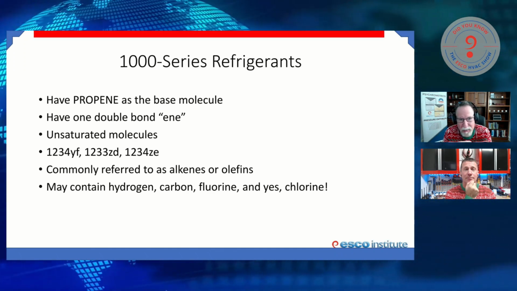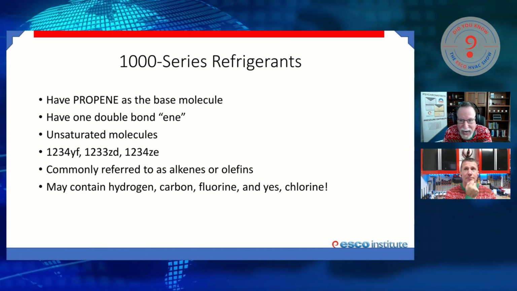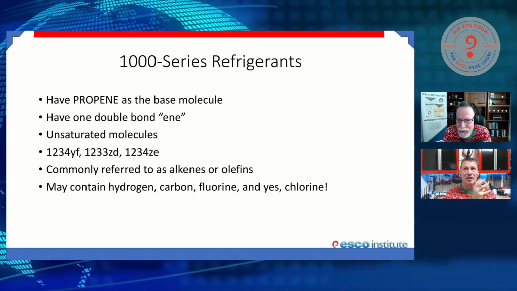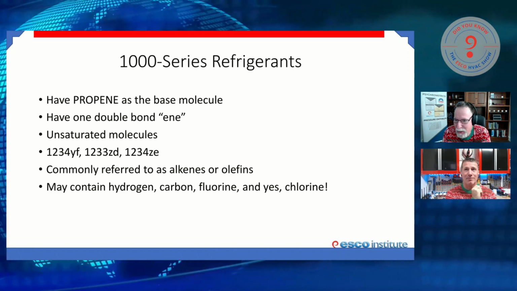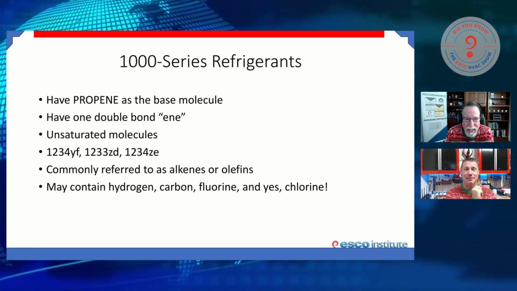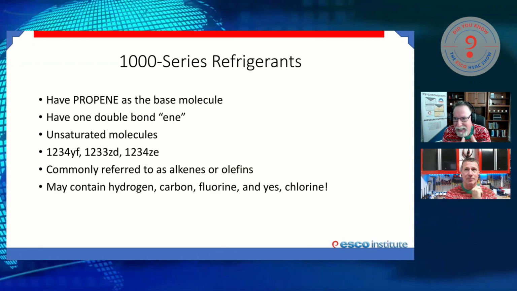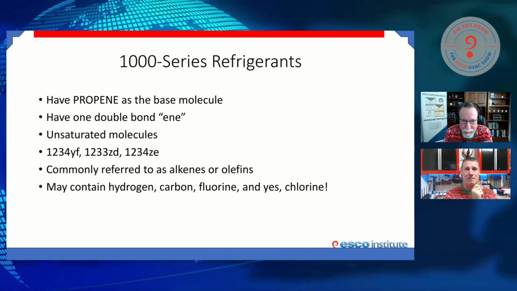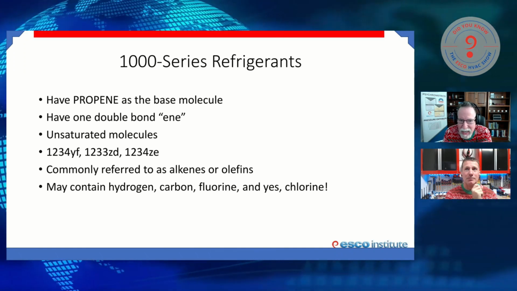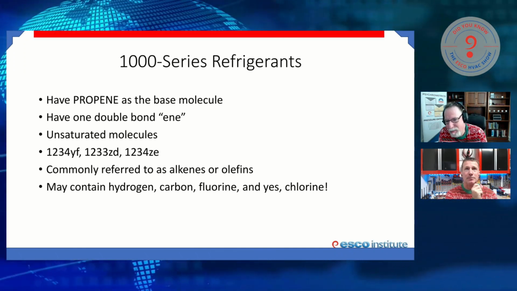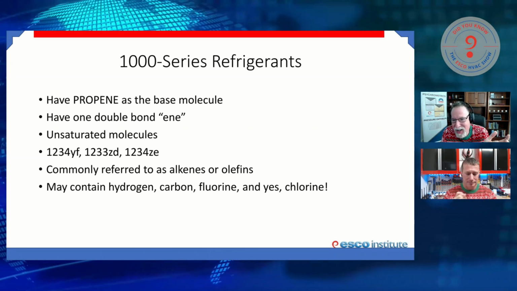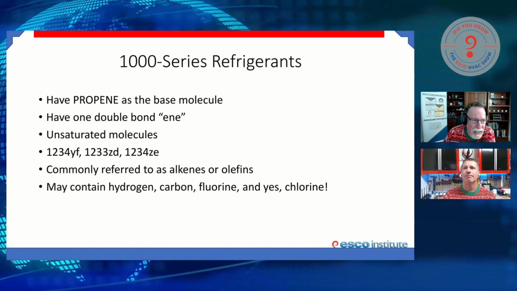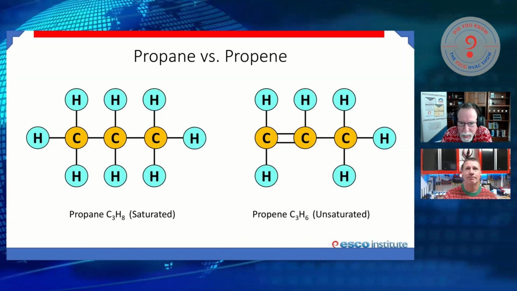It's because these refrigerants are unsaturated, their life in the atmosphere is very, very short. So even though they can contain chlorine, they don't exist in the atmosphere long enough to do any damage to ozone. So this might really ruffle some feathers because, oh, how can it have a 0 ODP if it contains chlorine? And that's the double bond. That's the ENE.